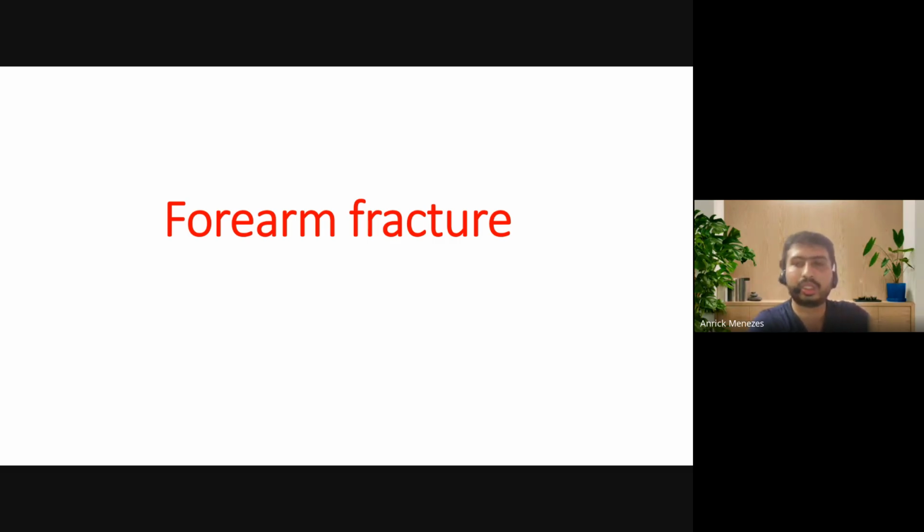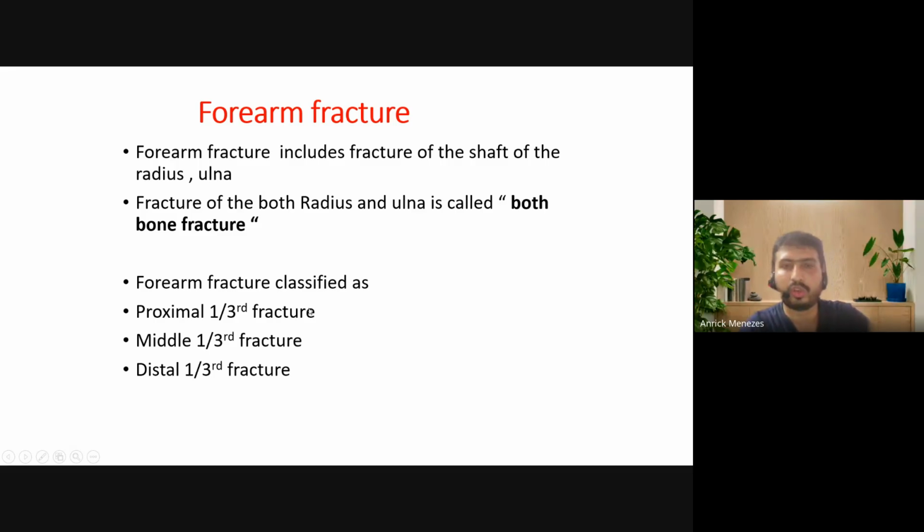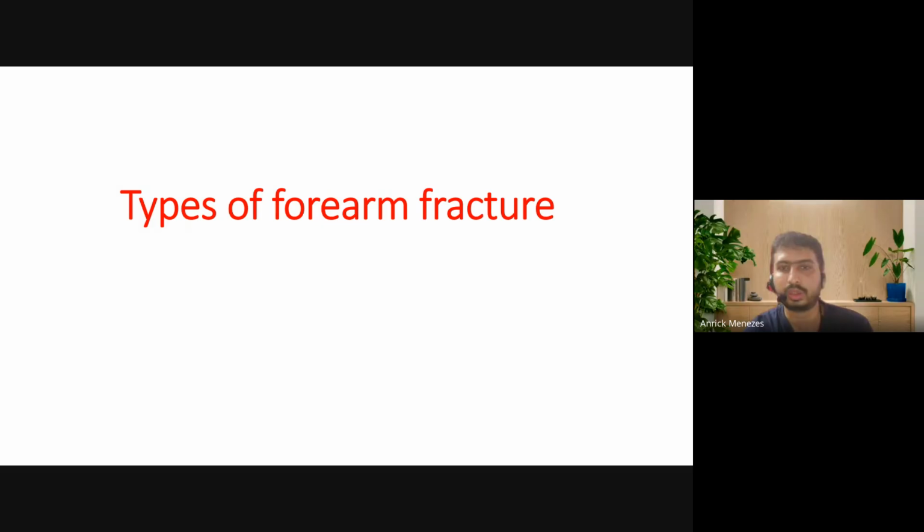You know that supination and pronation are affected, and it can affect your distal radioulnar joint, and then your wrist joint as well. So forearm fractures include fracture of the shaft of the radius and ulna, called both bone fractures. You have your classification: proximal one third, middle one third, and distal one third.